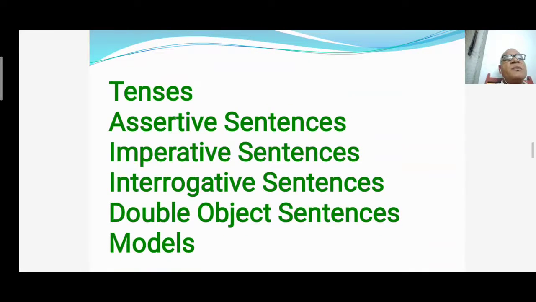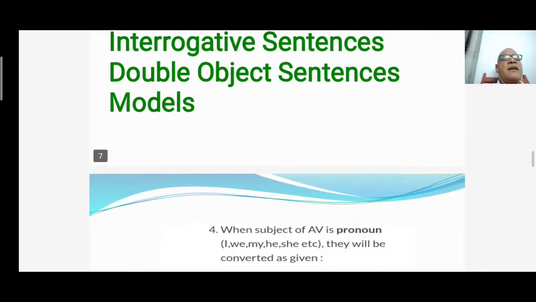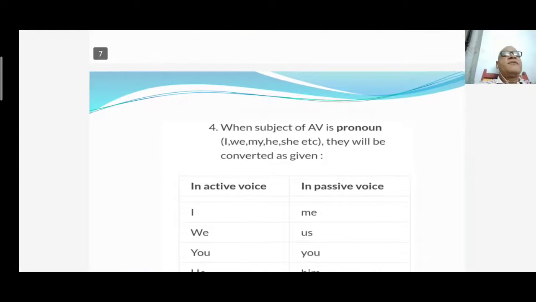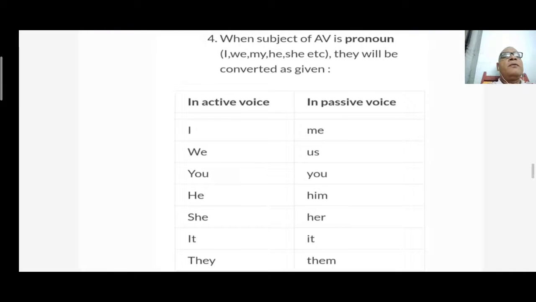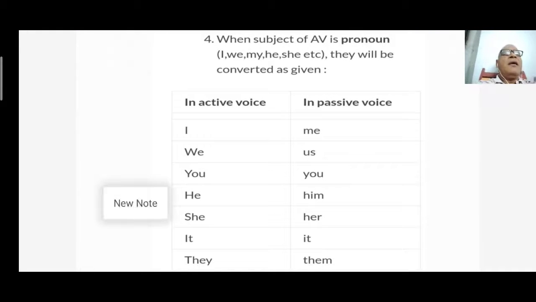In detail we will get into tenses, how tenses can be transferred from active voice to passive voice. Before going to learn about that, let's have a glance at how the subject part can be changed from active voice to passive voice. If you see the words, the pronoun I in active form changes to me in passive form.